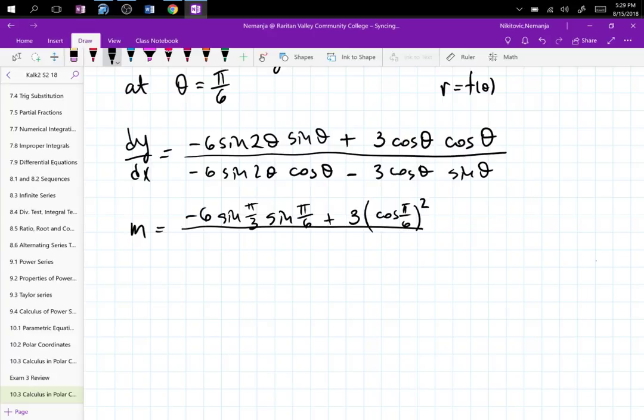Now on the bottom, negative 6 sine pi over 3 times the cosine of pi over 6, minus 3 cosine pi over 6 sine pi over 6. We could have combined it, whatever.